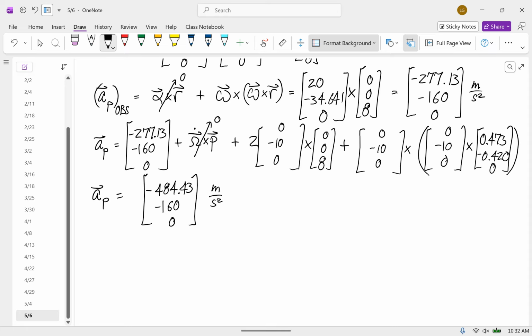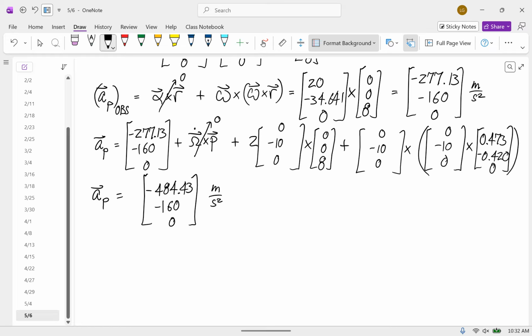If you want to make more sense of it, if you know what the velocity of the point is, say this is the acceleration vector, and we didn't calculate the velocity, but let's just make something up. Say the velocity vector is like this.